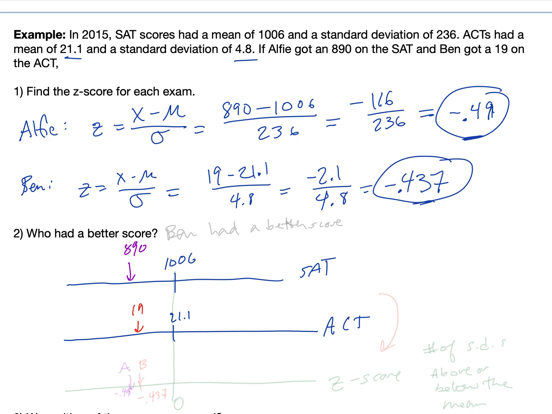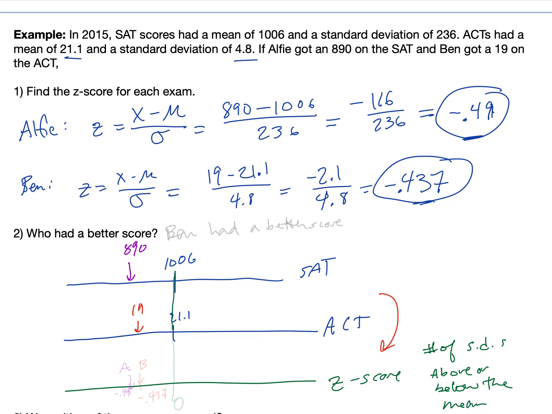What we've done when we take these z-scores is translate both of these down to one single distribution, a z-score. And again, the z-score is the number of standard deviations above or below the mean.